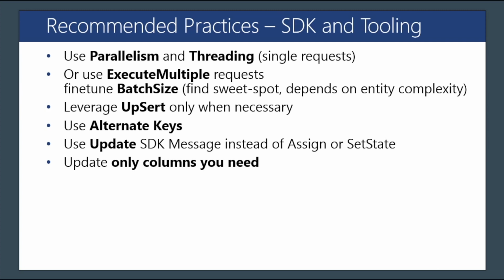In terms of SDK and tooling, I mentioned it a little bit already. Use parallelism and threading, so either go multiple threads or single thread, but if you're single thread, make sure you use execute multiple so that you can actually launch multiple requests. Fine-tune the batch size, like I mentioned earlier. If you're using execute multiple, find that sweet spot depending on the complexity of the entity.